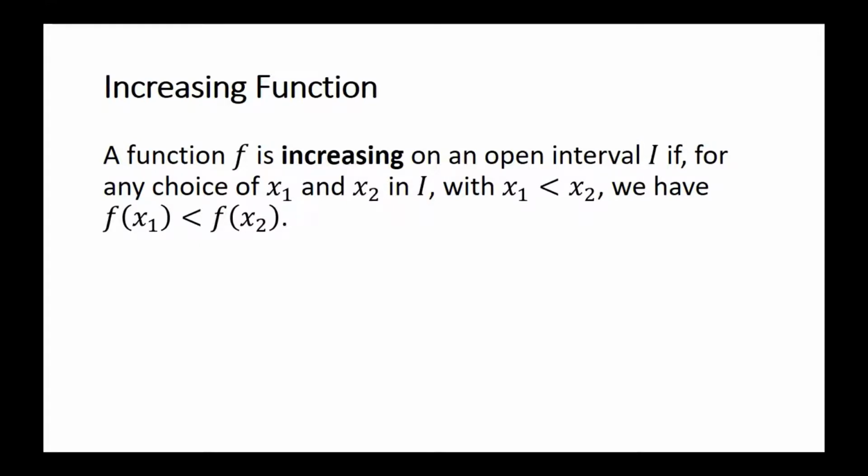Basically saying if you take any two inputs and one of the inputs is smaller than the other input, then the associated outputs will have the same relation. So if your first input is smaller than the second input, then your second output will be larger than your first output.